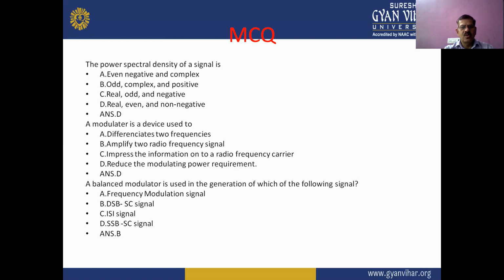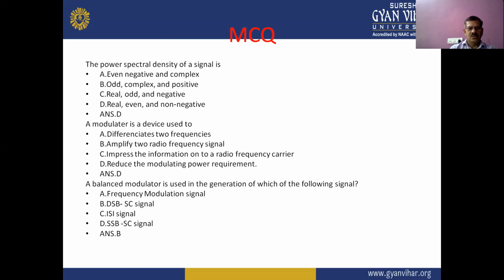A balanced modulator is used to generate which of the following signals? Generally, a balanced modulator is used to generate the double sideband suppressed carrier signal.